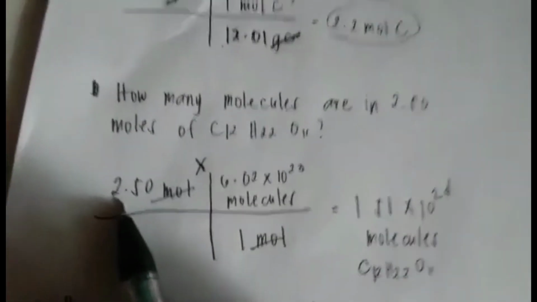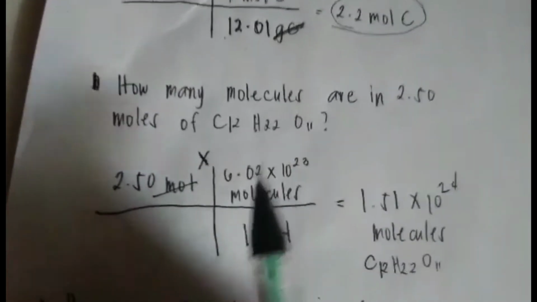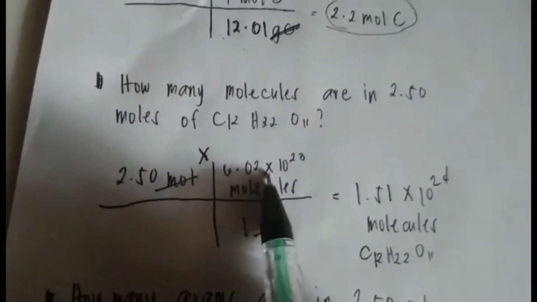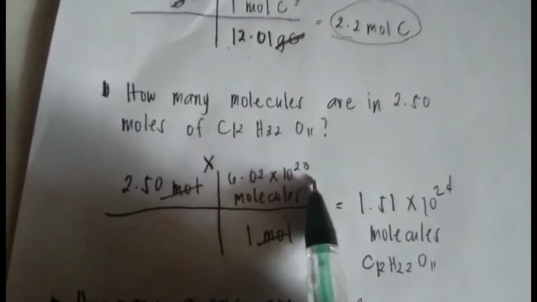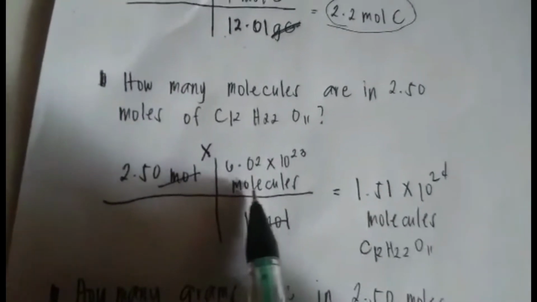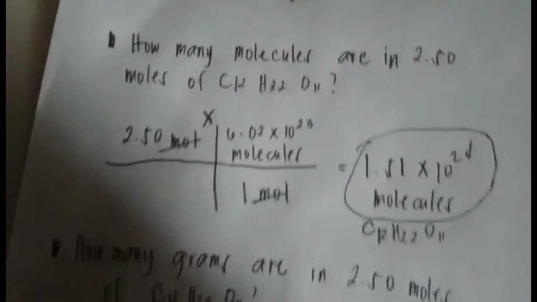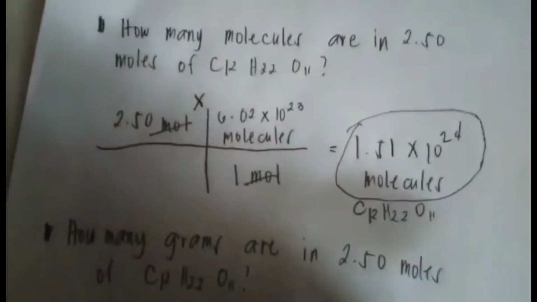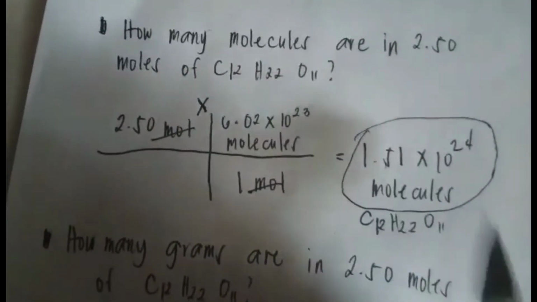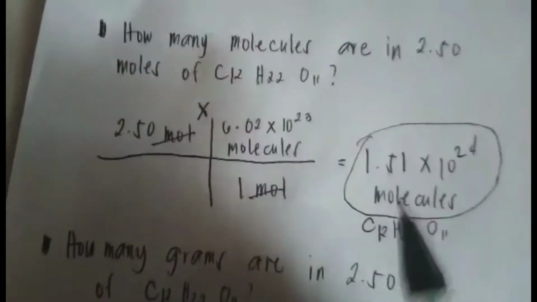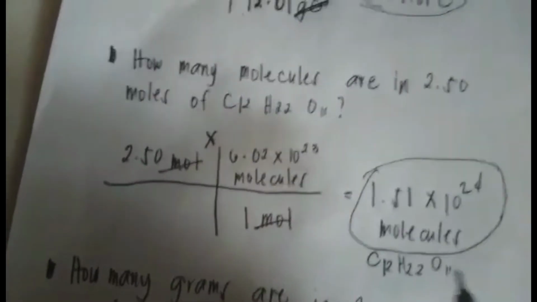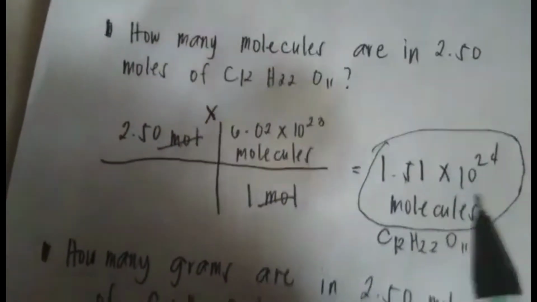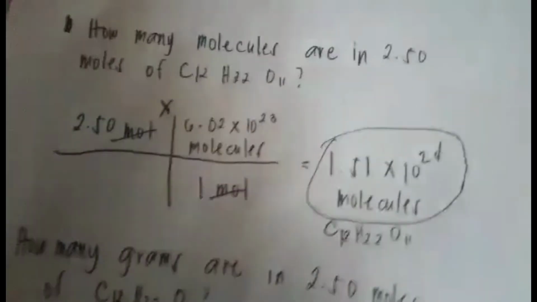So 2.50 times 6.02 times 10 raised to 23, and now we get 1.51 times 10 raised to 24 molecules. So C12H22O11 has 1.51 times 10 raised to 24 molecules.